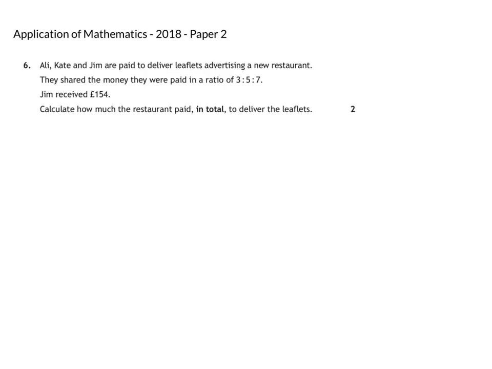We have Ali, Kate and Jim are paid to deliver leaflets advertising a new restaurant. They share the money they were paid in a ratio of 3 to 5 to 7. We know that Jim received £154. Calculate how much the restaurant paid in total to deliver the leaflets. So we have Ali, we have Kate, and we've got Jim.